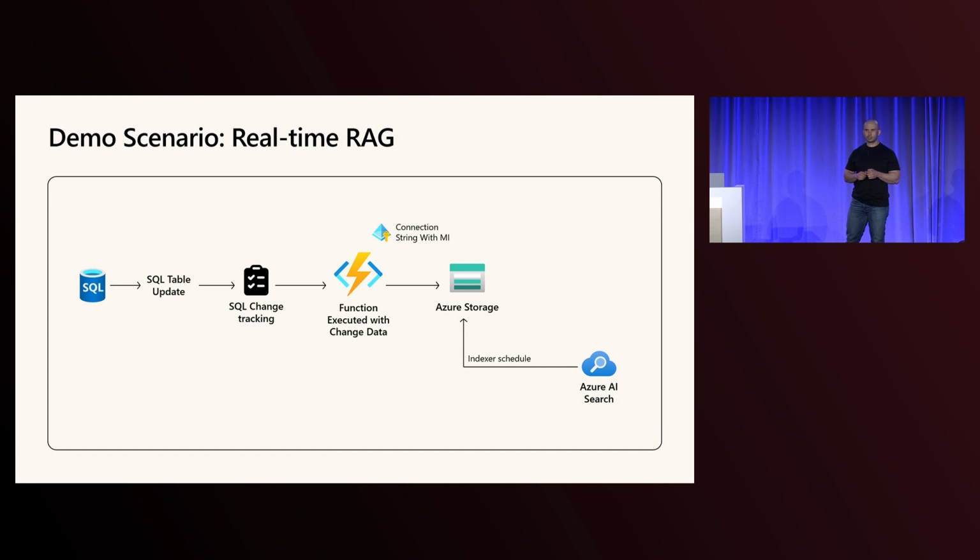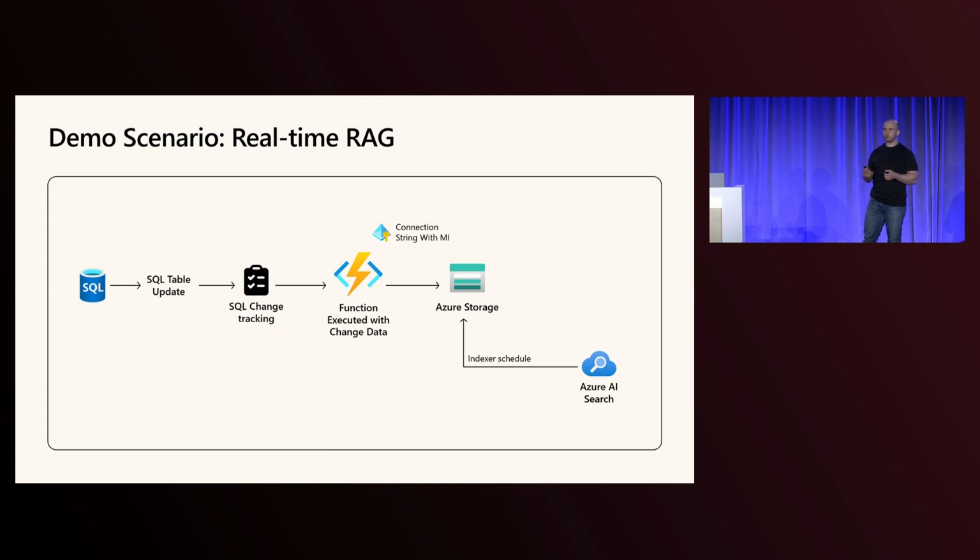Security is very critical in this case, so we don't want to have any keys available or exposed, so system-managed identity is enabled, and both connections are established with the landing blob storage and the SQL Server. Change tracking is enabled on the database and the table, and provided to that specific system-managed identity for the function.